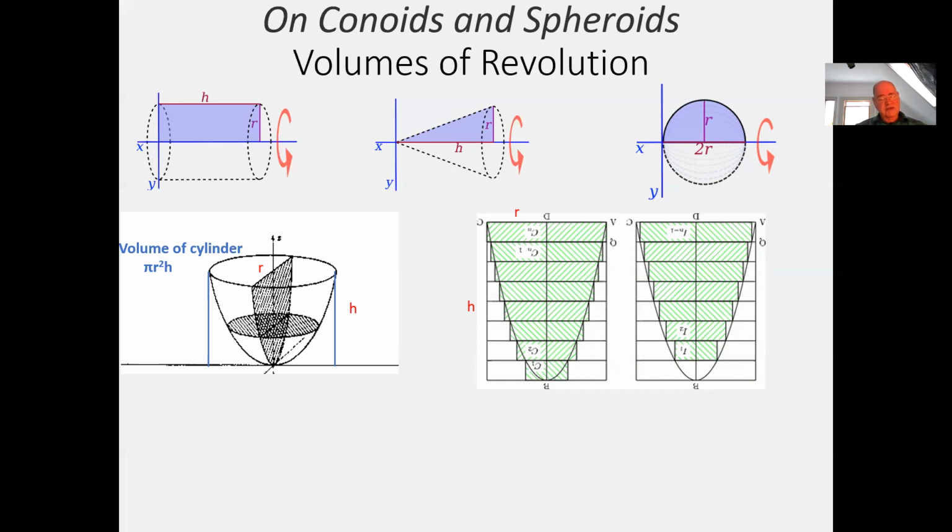If the width of the parabola up on top we call r, then we're making a circle of radius r. So the base of the cylinder and the top of the cylinder would be pi r squared. That would be the area of the top and bottom of the can, and the height, of course, is h.